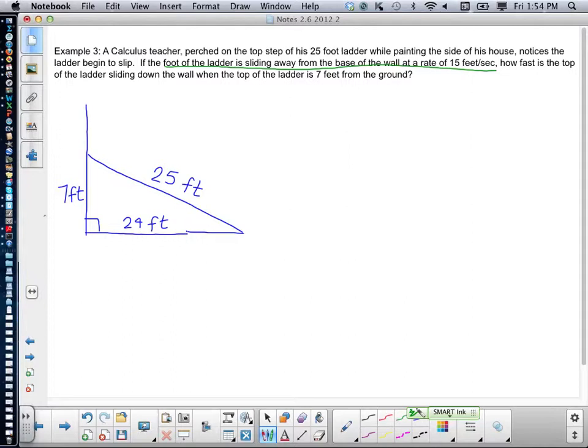So the foot of the ladder is sliding away, so that means this part going that direction, 15 feet per second. I'm going to call this the x direction and this the y. So we'll say dx/dt equals 15 feet per second.